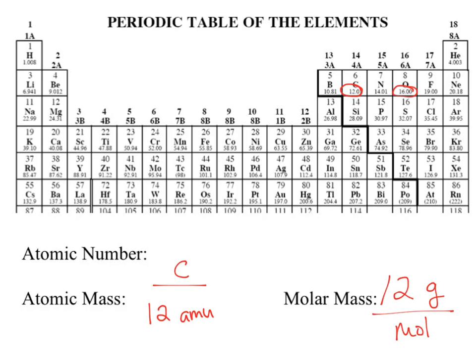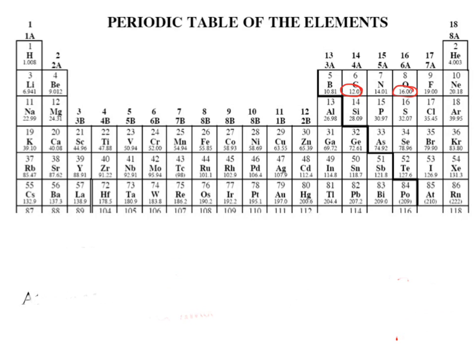So if I now ask for the molar mass of lithium, I can look at the periodic table and say it's 6.94. So if I want to know the mass of 1 mole of lithium atoms, what do I do?